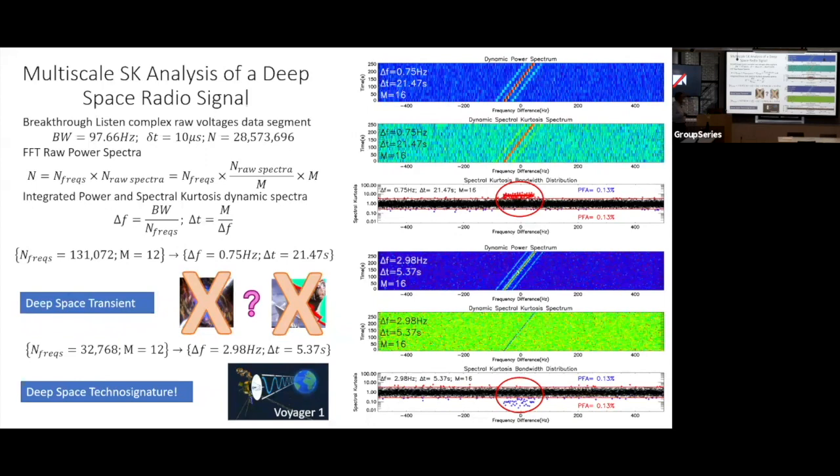This data was taken, but not to apply spectral kurtosis for others. So I had the courtesy of this group. I got this data, and I was able to prove that this should work.